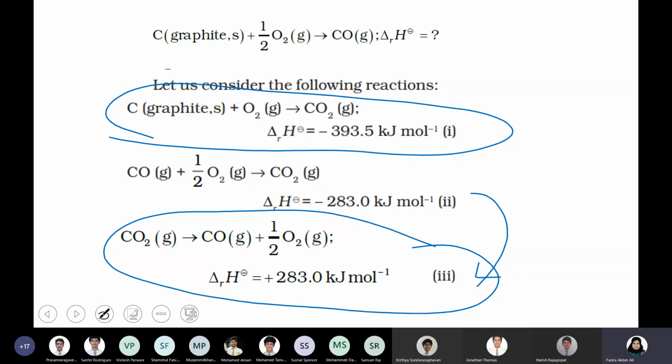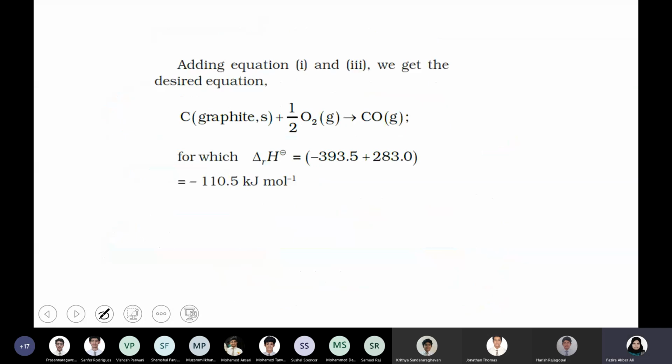Is that clear? Or should I repeat? It's clear, ma'am. Okay. So now what you have to do is add equation 1 and 3.